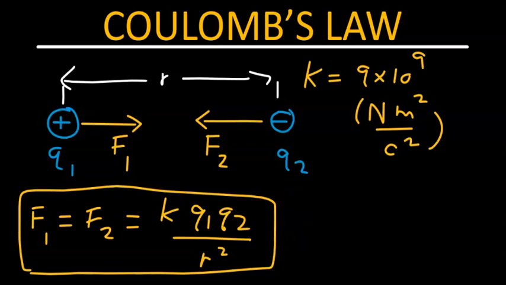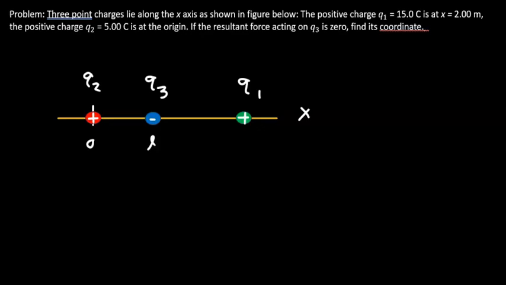Next, let's see how to apply these concepts to problems. Problem 1. Three point charges, that is Q1, Q2, and Q3, lie along the x-axis as shown in the figure below. The positive charge Q1 is 15 Coulomb in strength, and it's located at x equals 2, measured in the unit of meters.